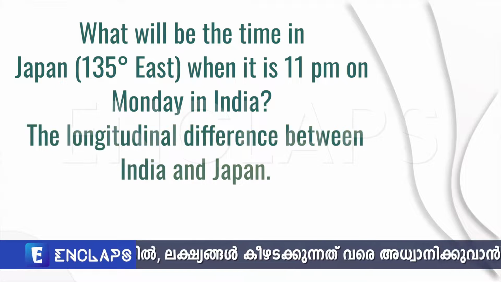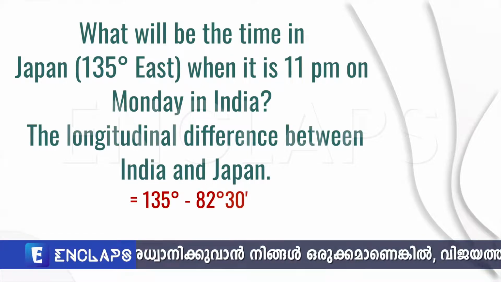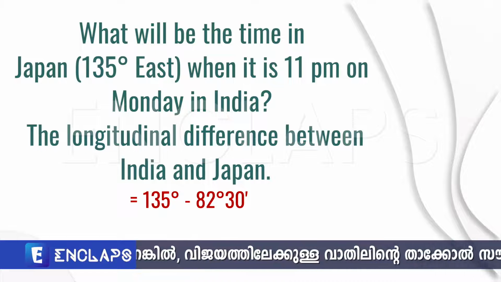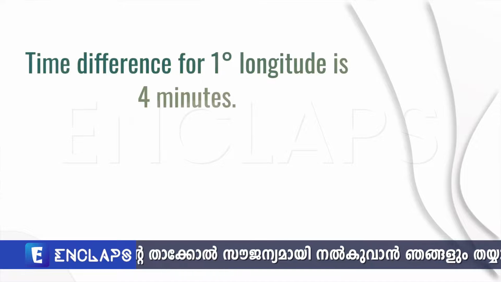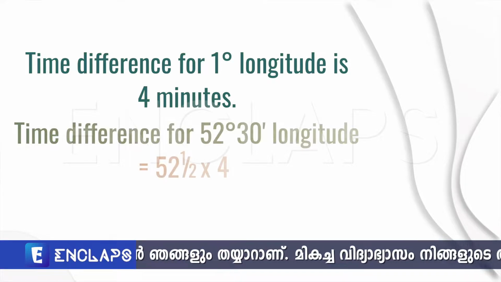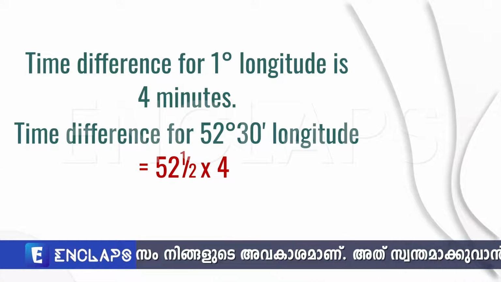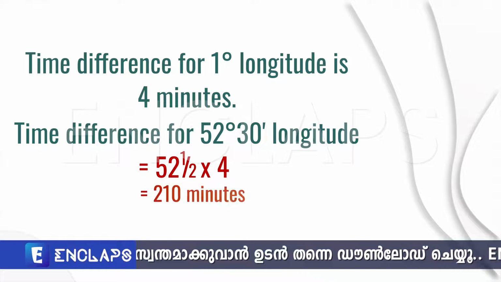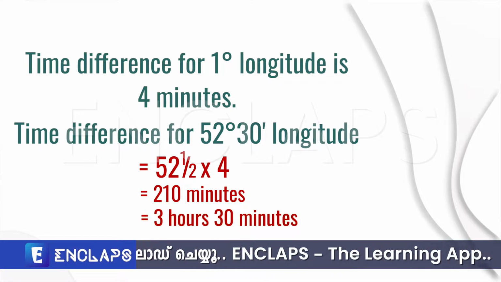The longitudinal difference between India and Japan is equal to 135 degrees minus 82 degree 30 minutes, that is 52 degree 30 minutes. The time difference for 1 degree longitude is 4 minutes. The time difference for 52 degree 30 minute longitude is equal to 52 and a half into 4, that is 210 minutes, which means 3 hours and 30 minutes.